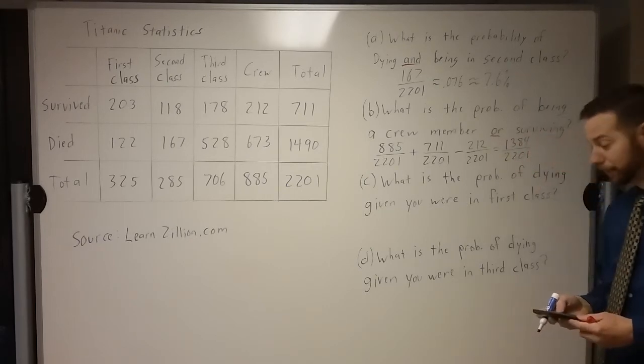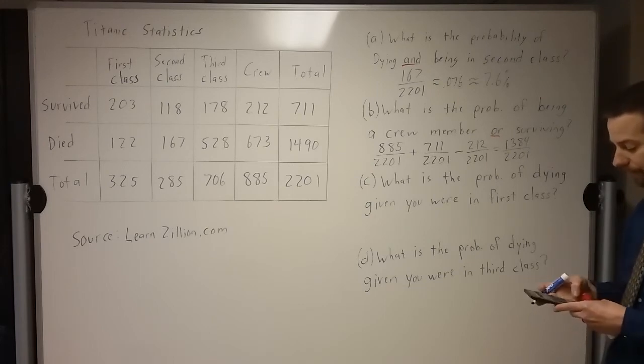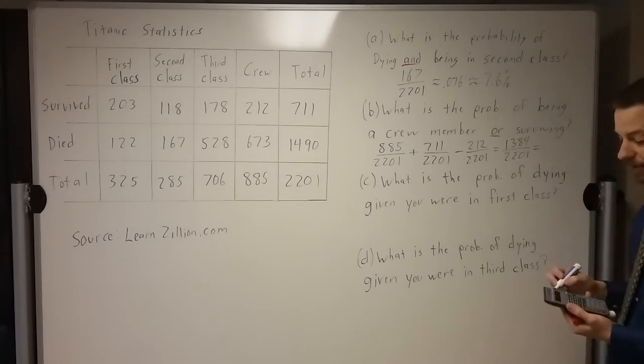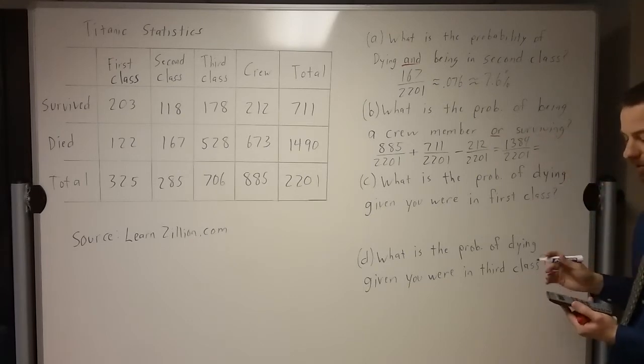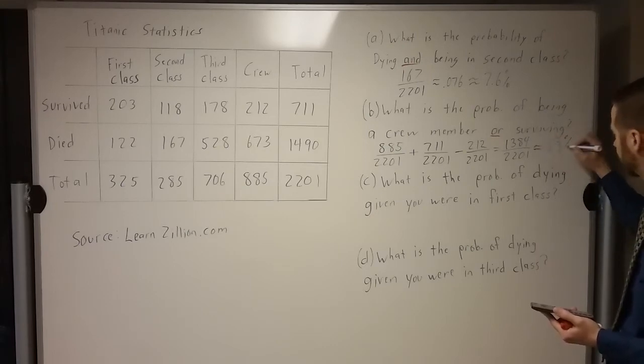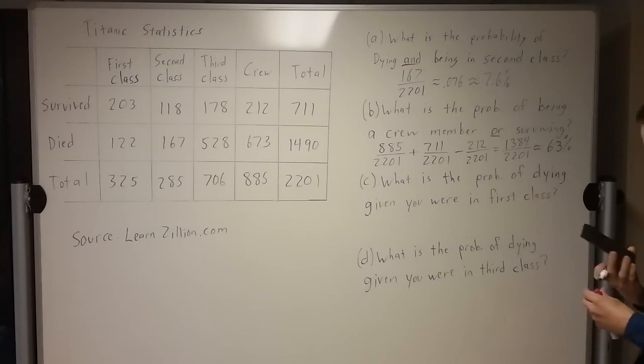That might simplify, that might not, but instead of trying to simplify this horrible fraction, I'm just going to divide the two out and get this as a decimal or a percentage. It's about 0.6288, so I'm going to say it's about a 63% chance that you're either a crew member or survived.